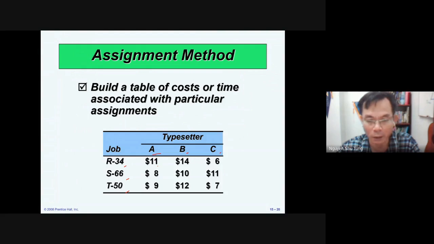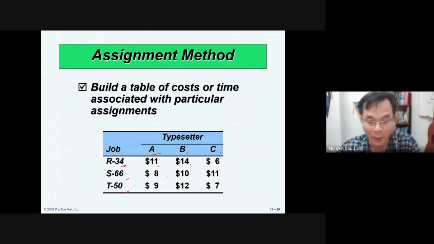For example, it costs $11 for A to complete job R34. It costs $14 for B to complete job R34.